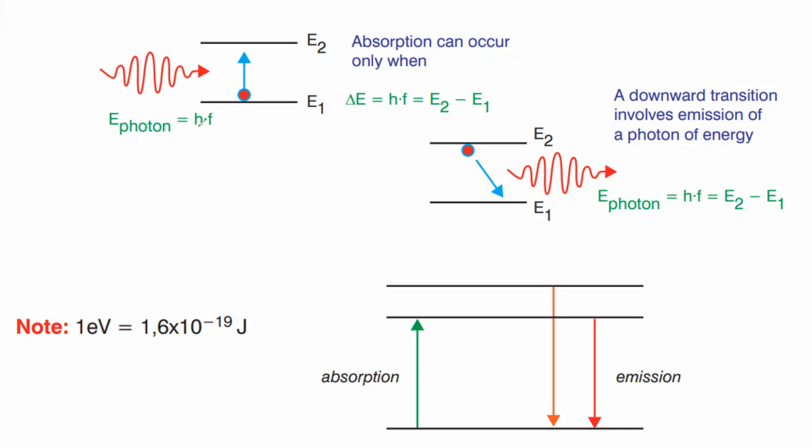What is h? Planck's constant. It is a constant number. h equals 6.63 times 10 to the power of -34. With constant numbers, I will show you all of them together.